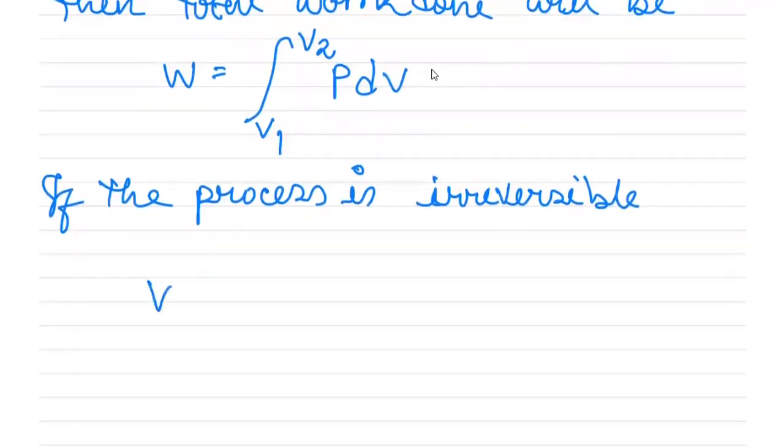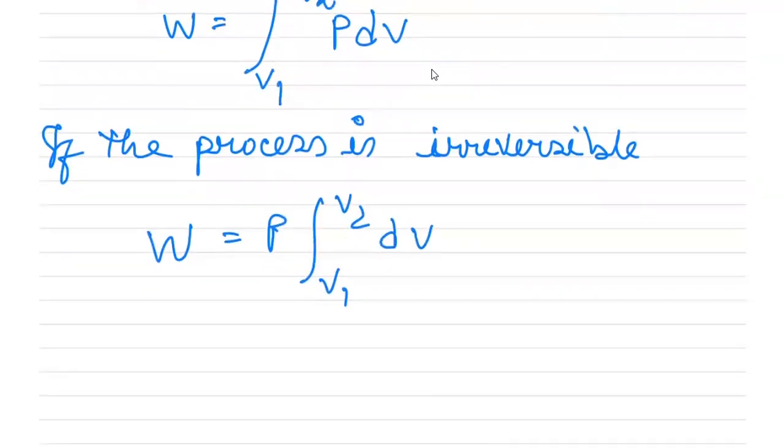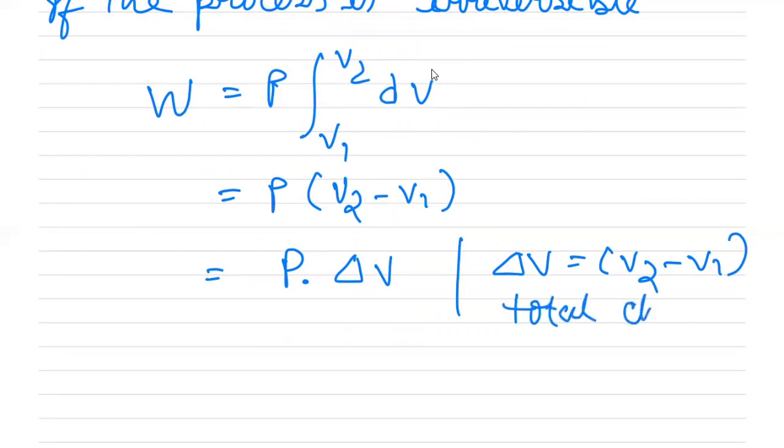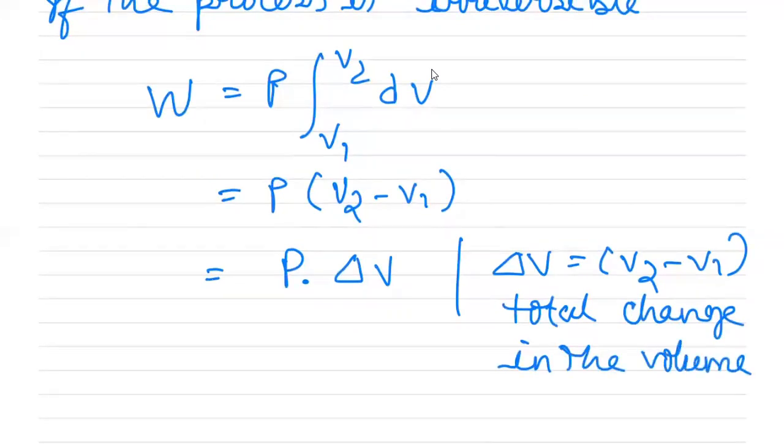Then we can write the integral from V1 to V2 of dV, so P into V2 minus V1, which is P into del V. Del V equals V2 minus V1, which is the total change in the volume of the gas. Till this much clear? Yes, ma'am.